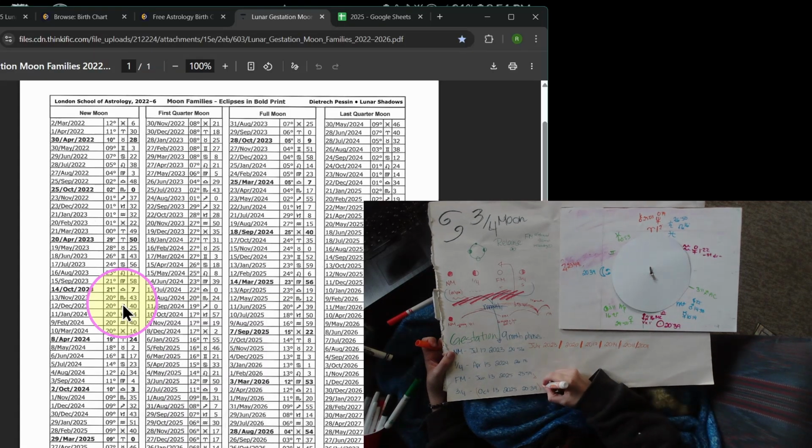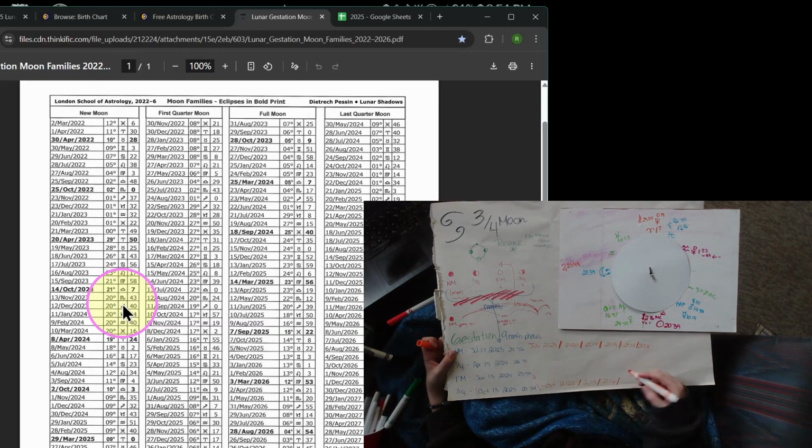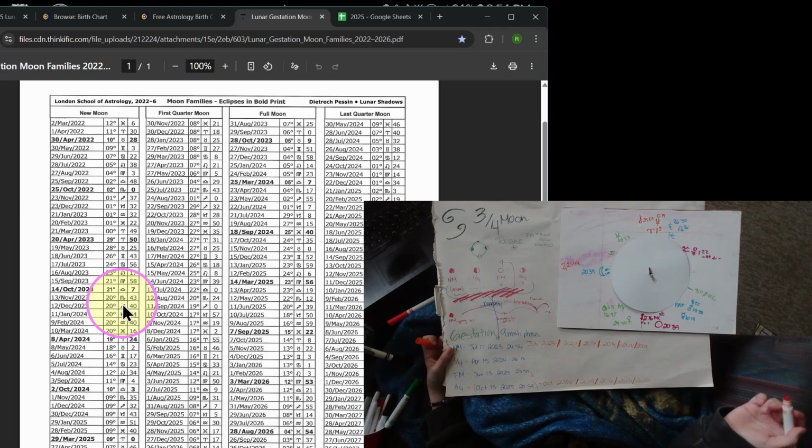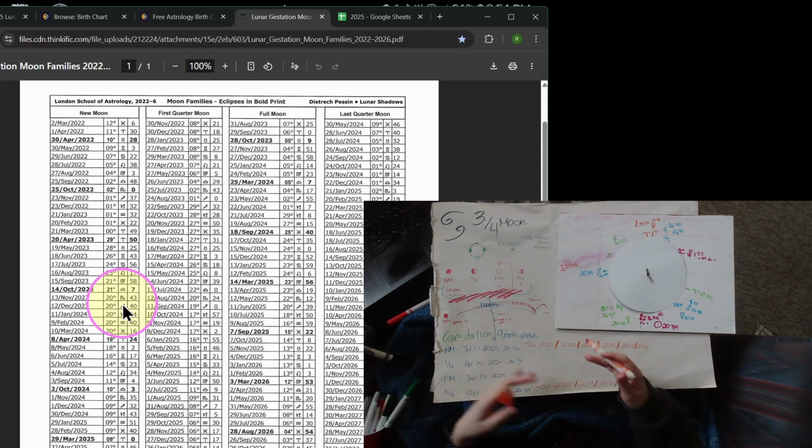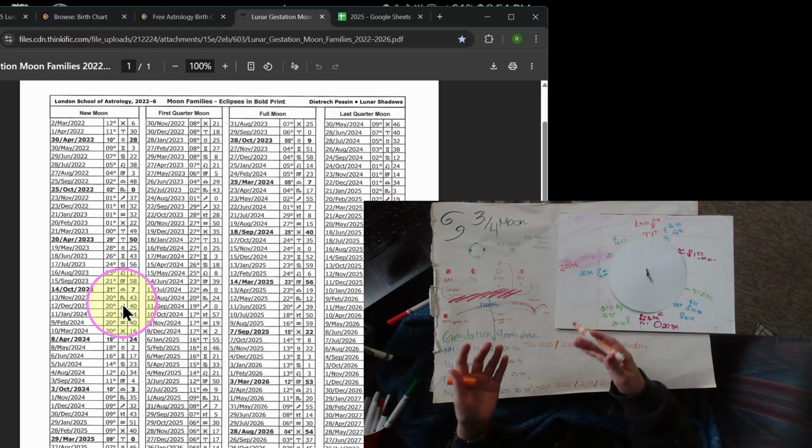So similarly, we could get, in October 2022, 2019, 2016, whatever third quarter lunar phase translates to in your experience in your life.